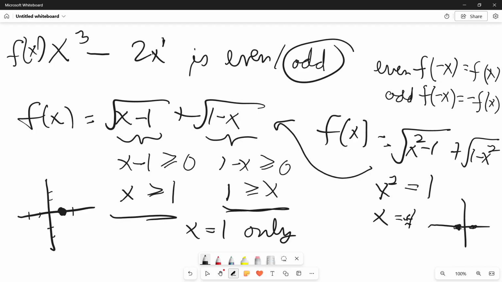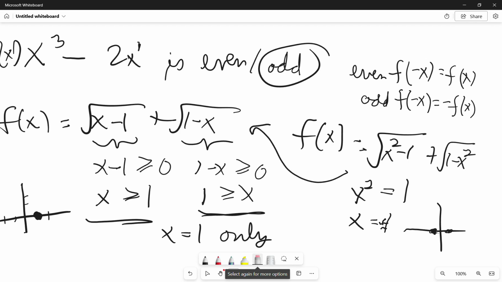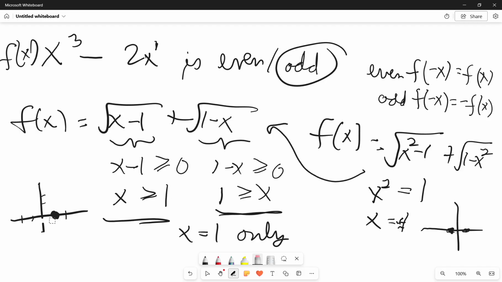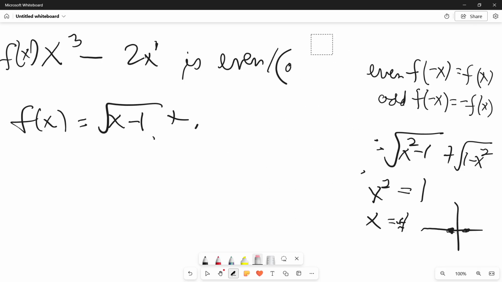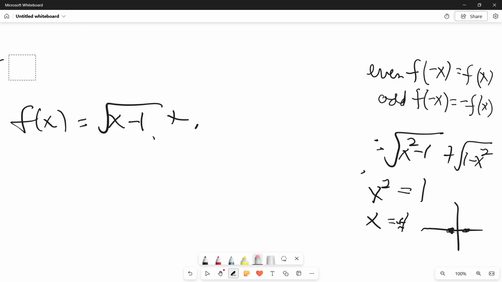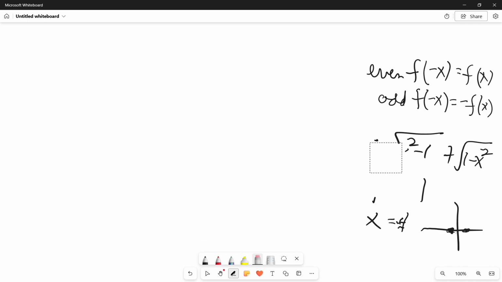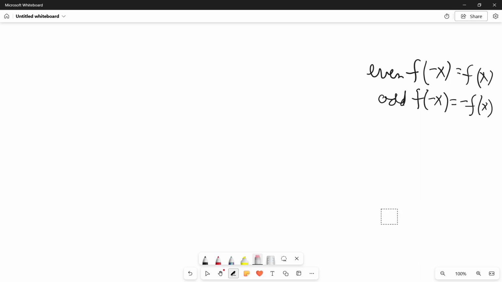Okay, so now let's do a slightly different type of problem, but it's all orientated about odd and even functions. First erase this. Okay, so let's do this type of question.